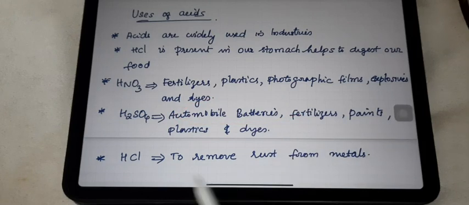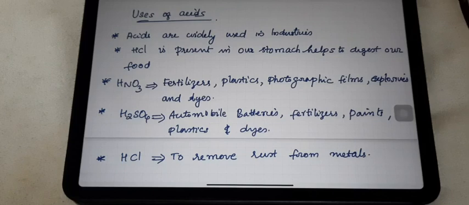HCl is used for removing rust from metals. We know that when we keep an iron pot for a long time in the atmosphere, rust will surely form. HCl is helpful for removing the rust from that metal.